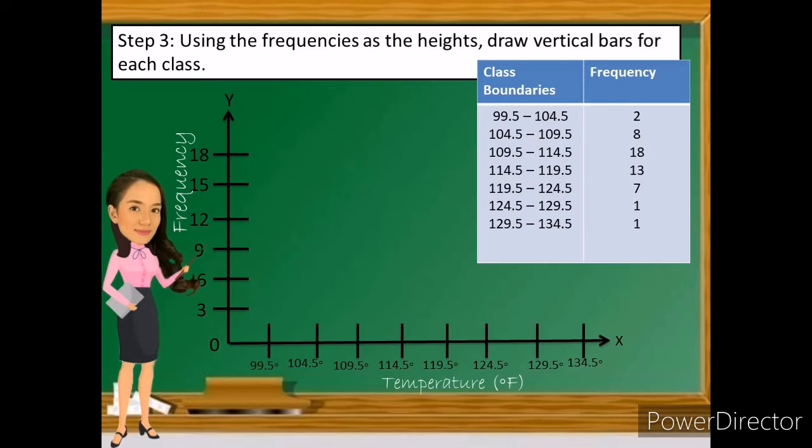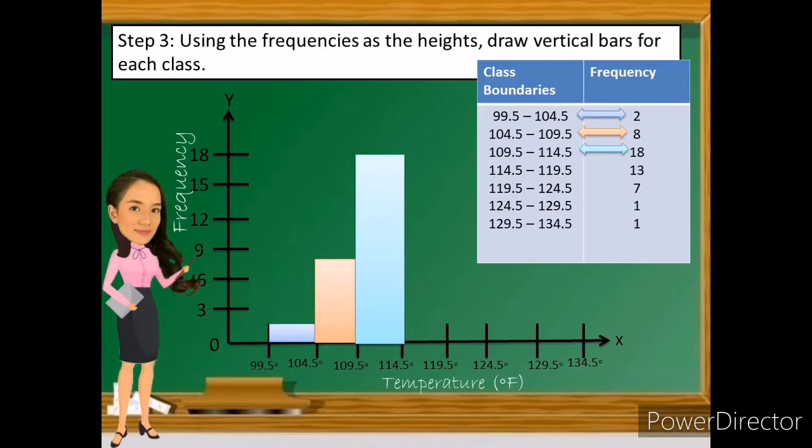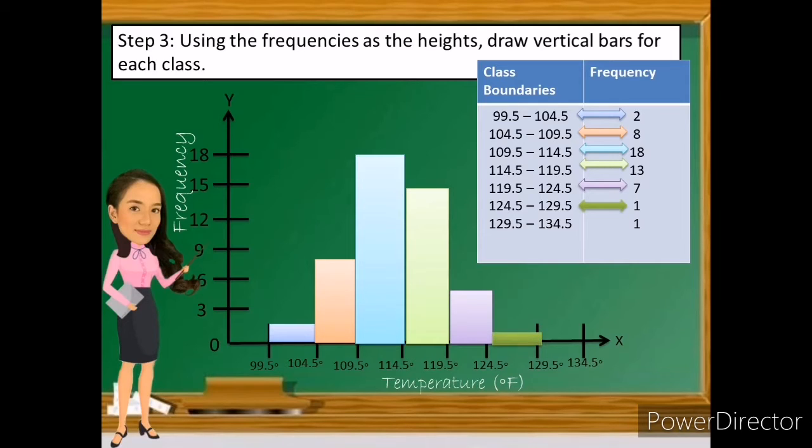First, between 99.5 and 104.5, we have 2. Next is 8 in between 104.5 to 109.5. And 18, 13, 7. Between 124.5 to 129.5 is 1. And last is also 1.